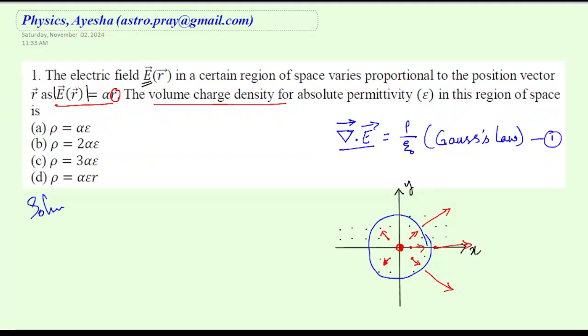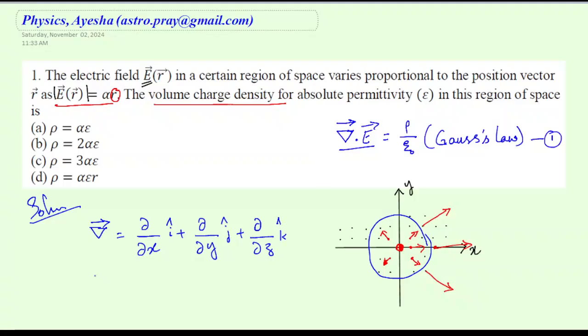What is div? This is a mathematical symbol which says it is dou by dou x i cap plus dou by dou y j cap plus dou by dou z k cap.